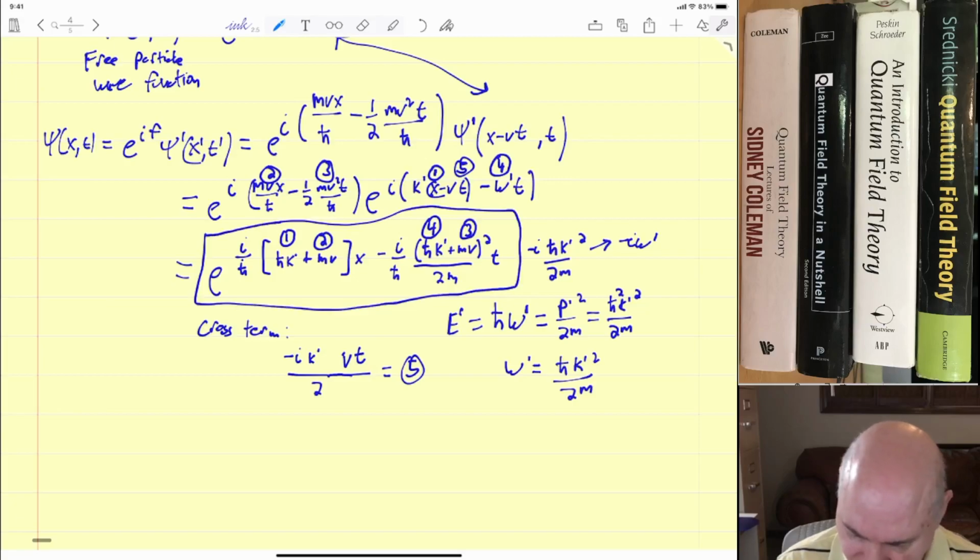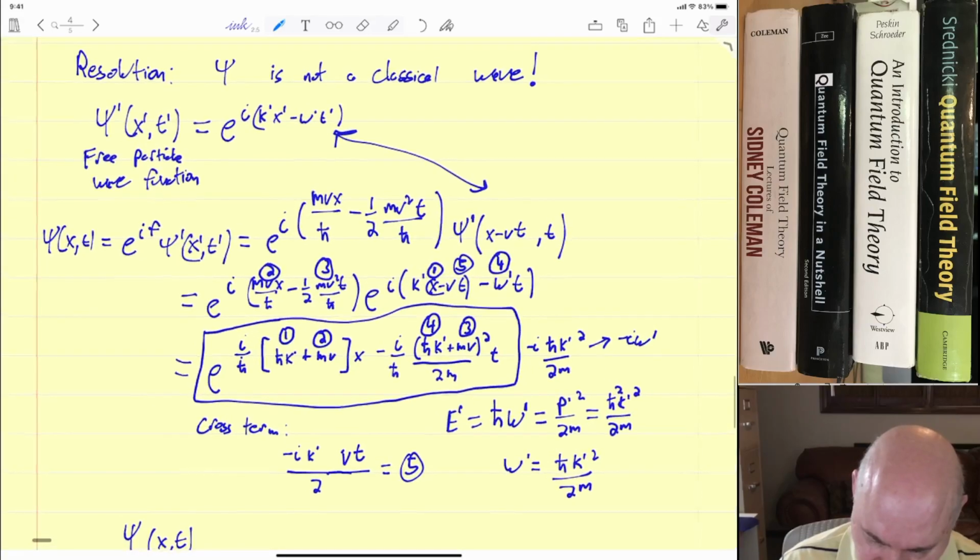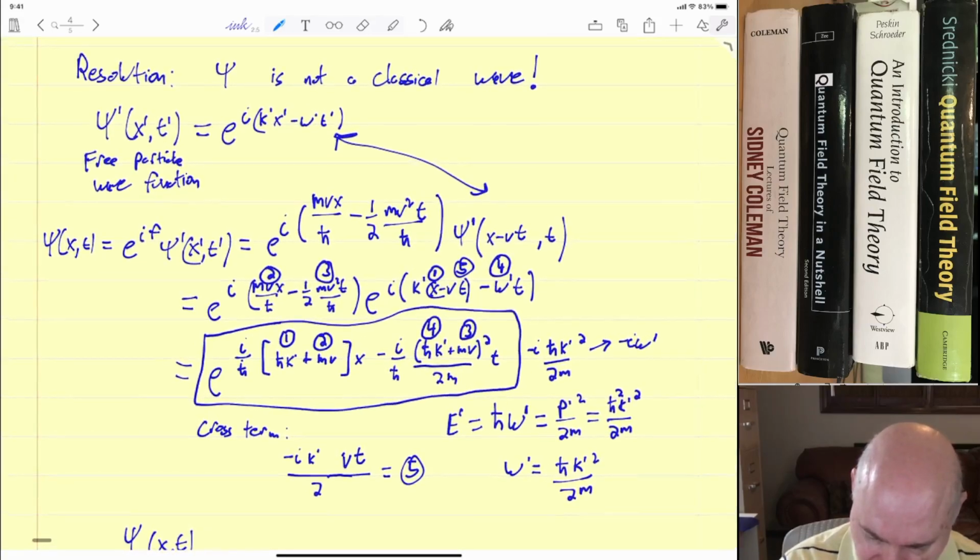And if you look at this expression, it simply says that psi of x comma t, remember, we had a free particle plane wave with k prime and omega prime. So we have a free particle wave function. Let's call it k prime omega prime as the parameters.